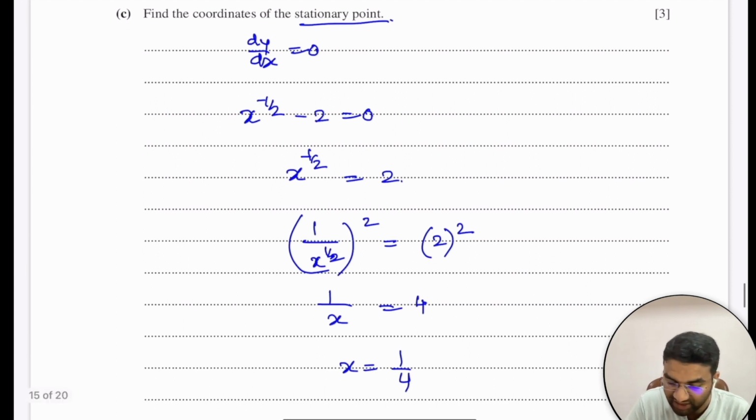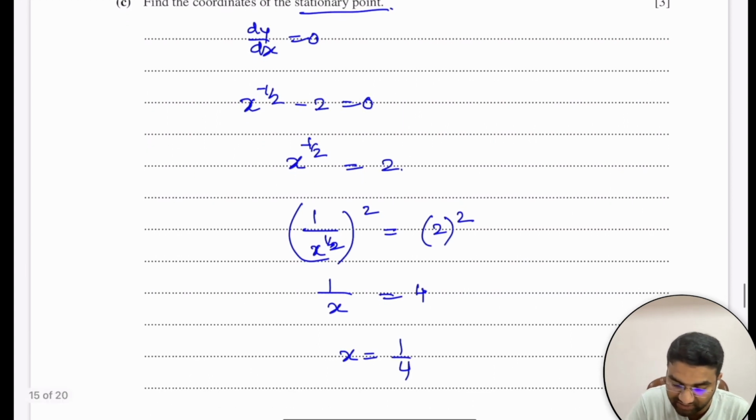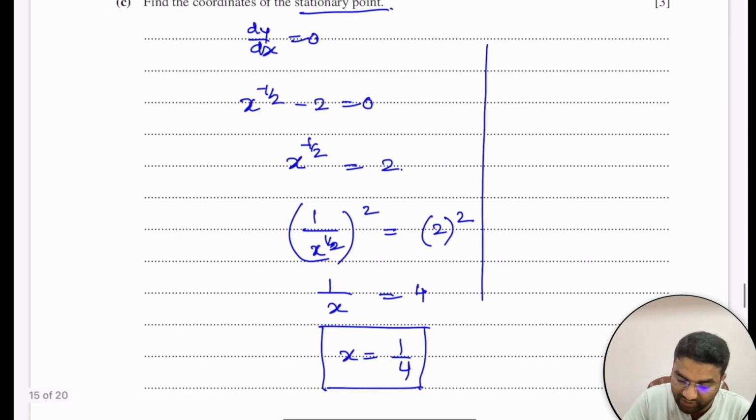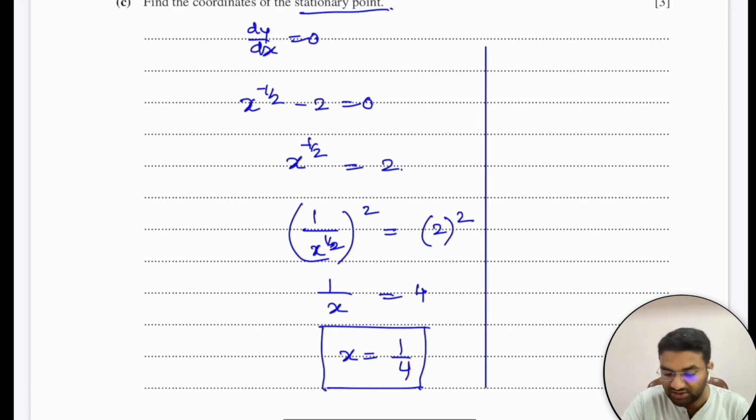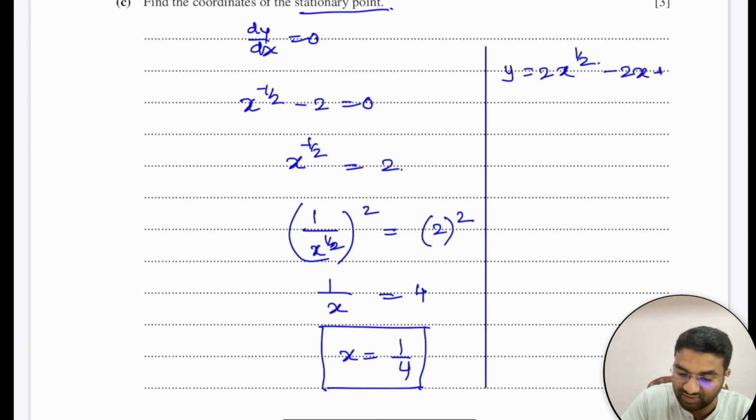Fine. And we have to find the stationary point, so we have to find the value of y as well. We have the equation of the curve, so put x equal to 1/4 in the equation of the curve. The equation of the curve is y = 2x^(1/2) - 2x + 3. Put here 2 times (1/4)^(1/2) - 2 times 1/4 + 3.